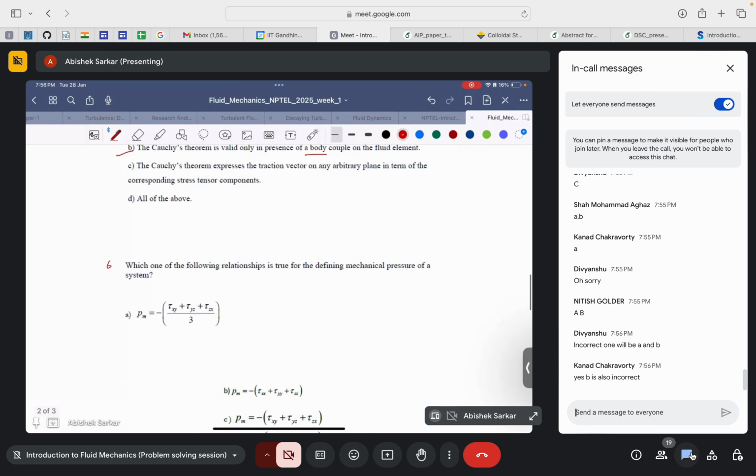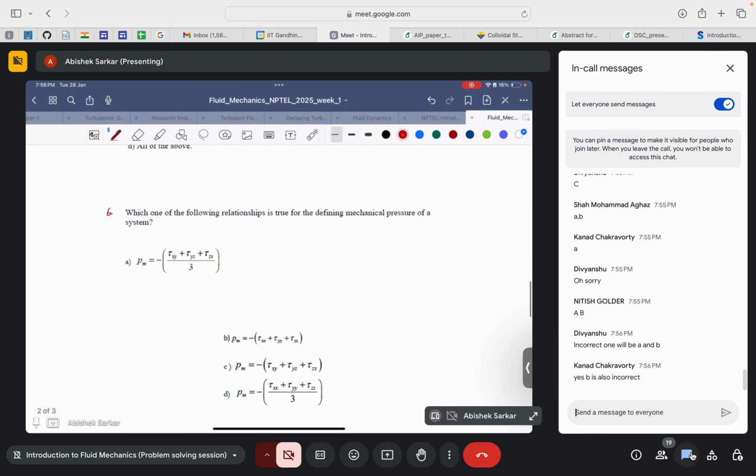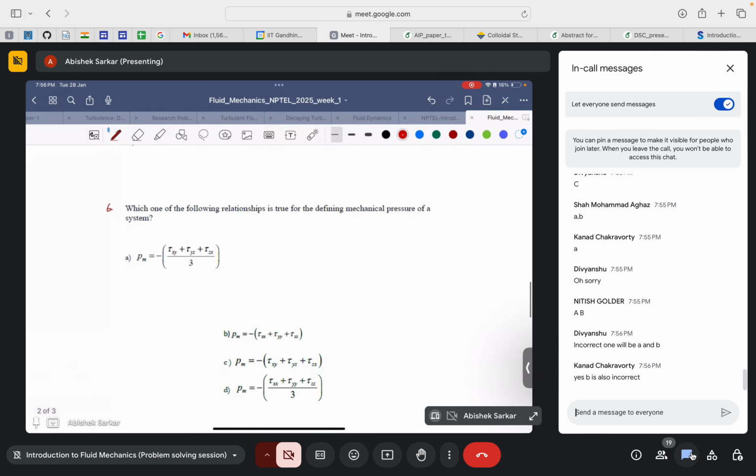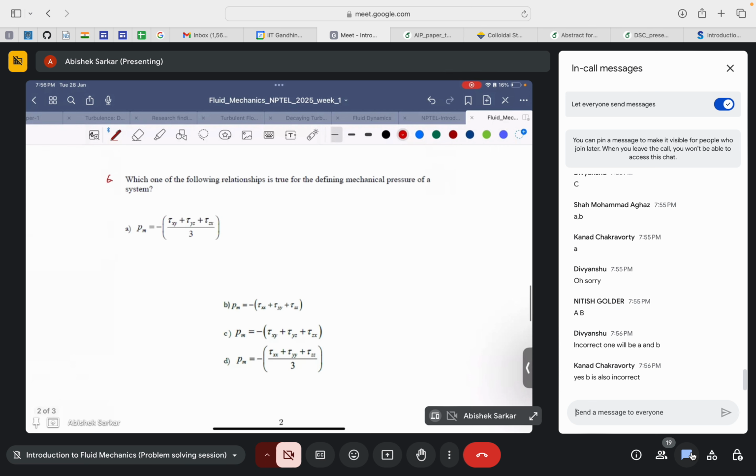It's very simple. We just saw it now. Which of the following relationships is true for defining the mechanical pressure of a system? All the expressions seem quite similar, but one of them is correct. It's just the indices that we need to understand. Can you tell which one is correct?